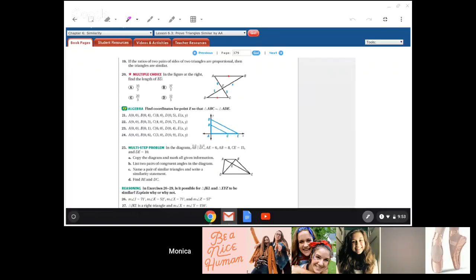So that should help you be able to do part B. And then if you've proved two angles are similar in those triangles, that should help you do C. And then for D, you'll have to set up a proportion with the measurements that it gives you. Okay?